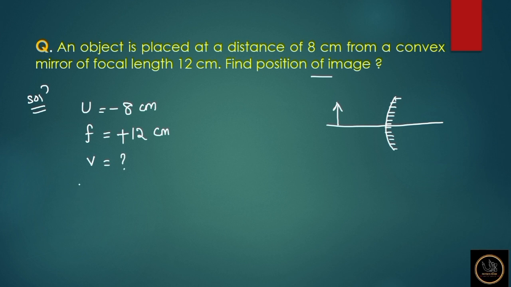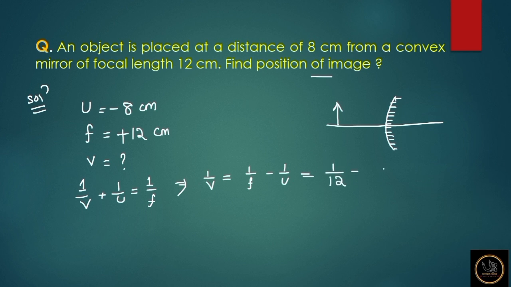So put the mirror formula here. The mirror formula is 1 by V plus 1 by U is equal to 1 by F. Now you have to find out V. So 1 by V is equal to 1 by F minus 1 by U. So put the value, 1 by F value 12 minus 1 by the value of U is minus 8.